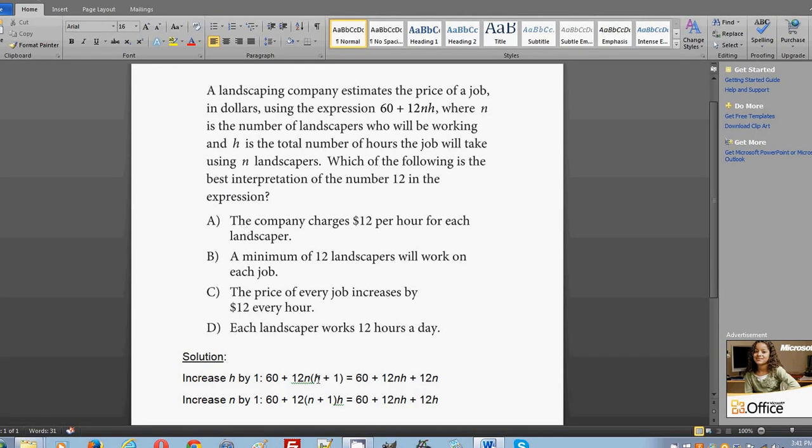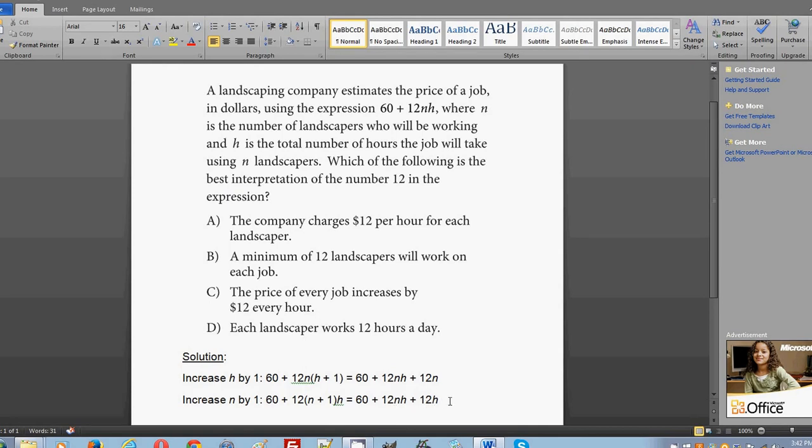We played around with the number of hours, added one more hour, and saw that the extra amount would be 12 times n, which implies that each landscaper would get $12 for the additional hour worked. And we also played around with adding one more landscaper while keeping the same number of hours, and we would get 60 plus 12 times n and h, with an additional amount of 12 times h.